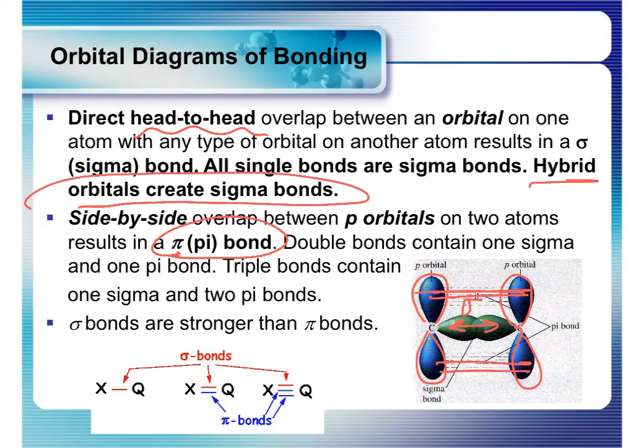It's not as strong of an overlap, and so pi bonds are weaker, from the side-to-side overlap. And again, a reminder, all single bonds are sigma. Double bonds contain 1 sigma and 1 pi, and triple bonds contain 1 sigma and 2 pi bonds.